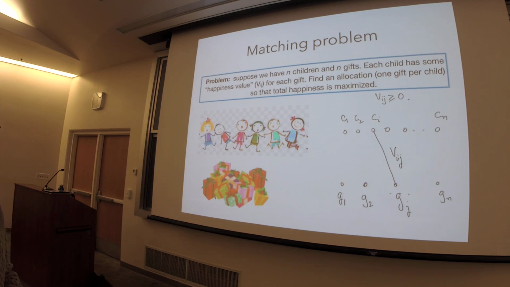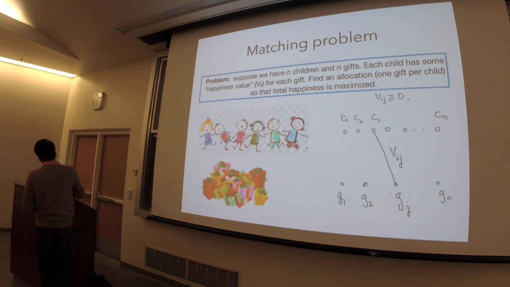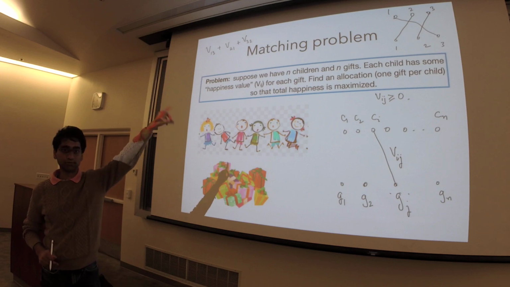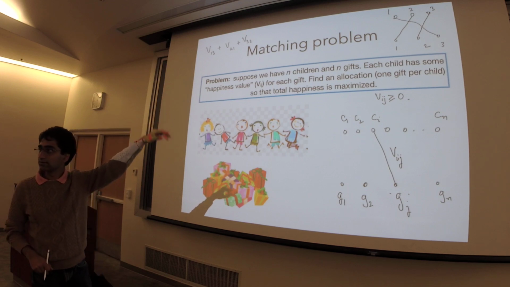You want to maximize the total happiness, which is the sum of the happiness values of the assignment. For example, with children 1, 2, 3 and gifts 1, 2, 3, if I give gift 1 to child 2, gift 2 to child 3, and gift 3 to child 1, then my happiness would be V13 plus V21 and so on. That would be the cost of that solution.